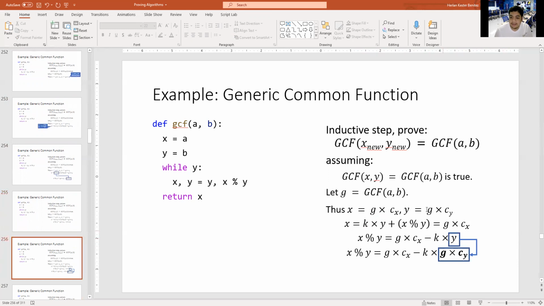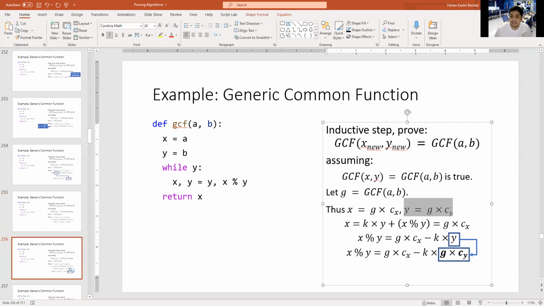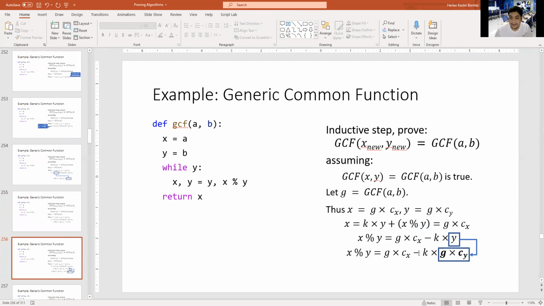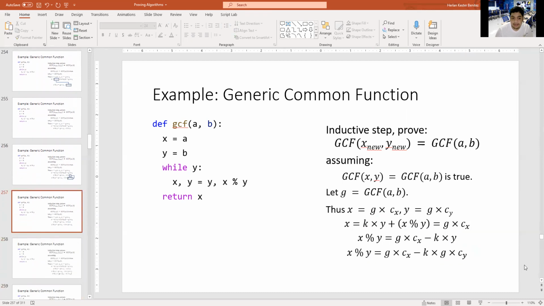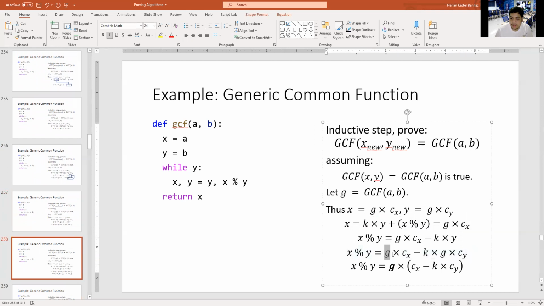Now, si y, di ba, sinulat natin siya or pwede natin siyang i-express as g times cy. So, yun lang din ang ginagawa dito. And then, we can factor out yung g term, this sa first term here, and this is second term. So x modulo y, we can actually say is g times cx minus k times cy.